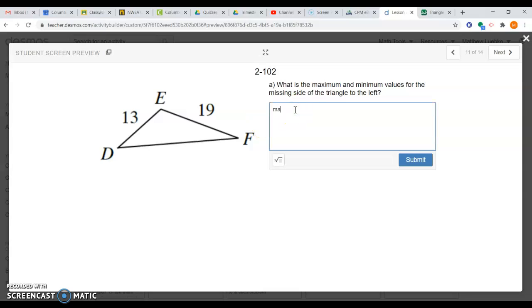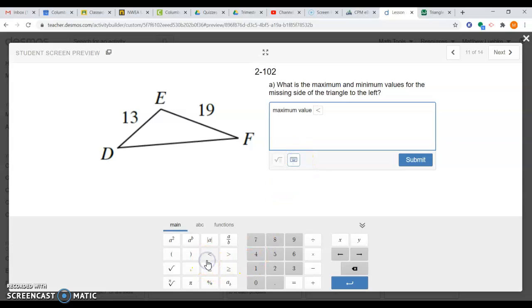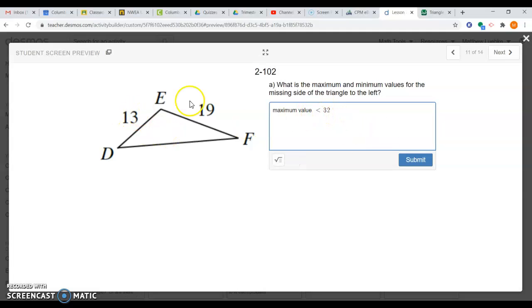And so I say the maximum value has to be less than 32 in this case, because when you added them together, it equaled 32. If it's any bit longer than 32, they won't form a triangle.